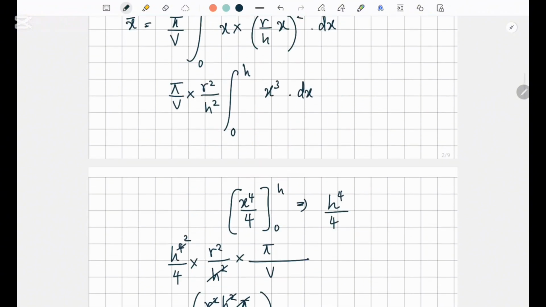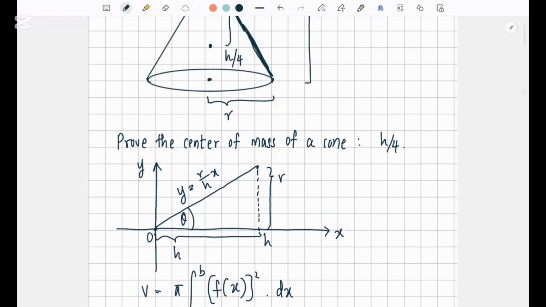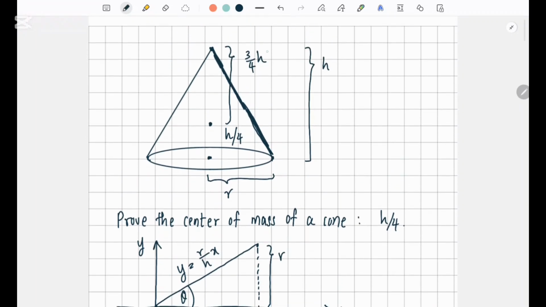So therefore we got the answer, right? According to our graph we're going this way, so we are going from the top to the base. From the top to the base, it's 3 over 4 h. But if you're going from the base to the top, it's going to be h over 4.